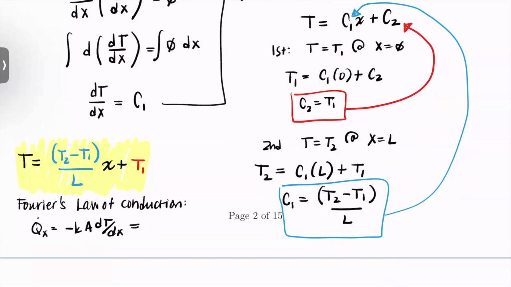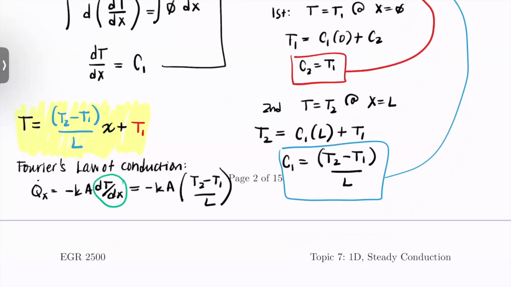And I can plug in what dT/dx is now. So I can take an x derivative of this thing, and I find that I get minus kA times the slope, so (T2 minus T1) over L. And if you remember, this was our original conduction heat transfer equation. Remember? Yay.